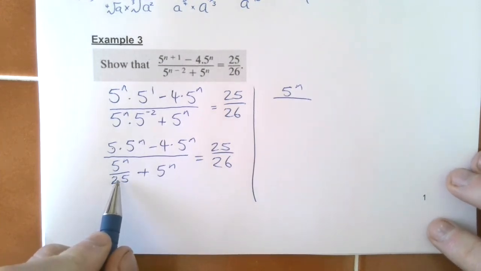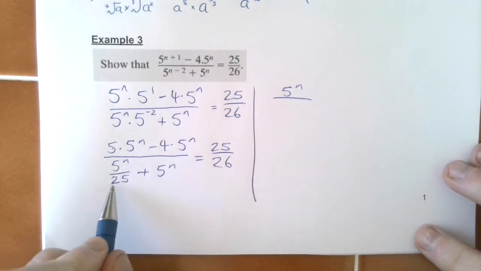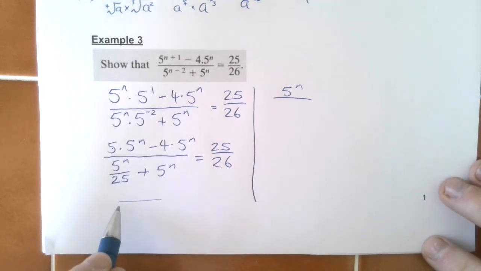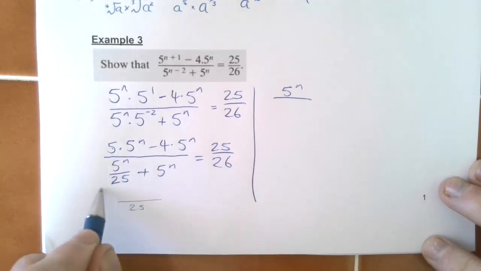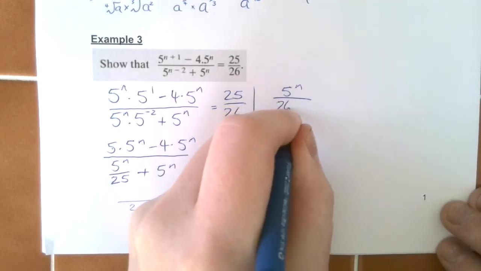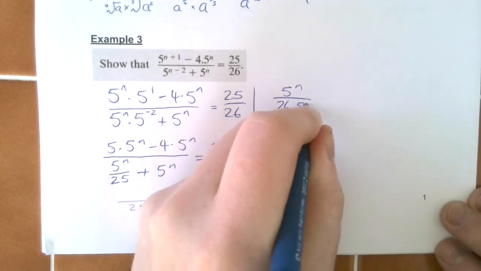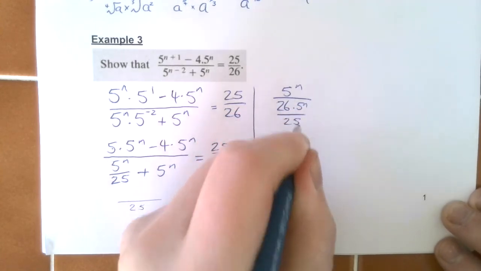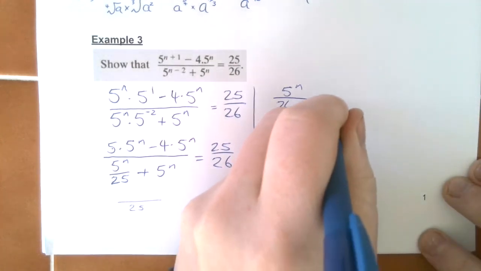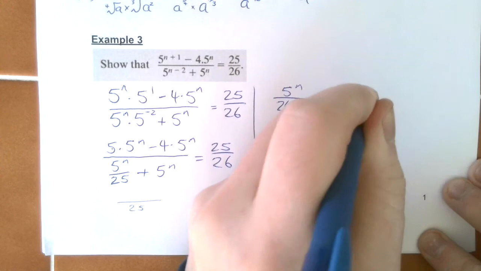The bottom part simplifies. We can use our lowest common denominator here to simplify this full bottom part, and then we can write it as 26 by 5 to the power of n over 25. And then from that, we can use our laws of fractions.